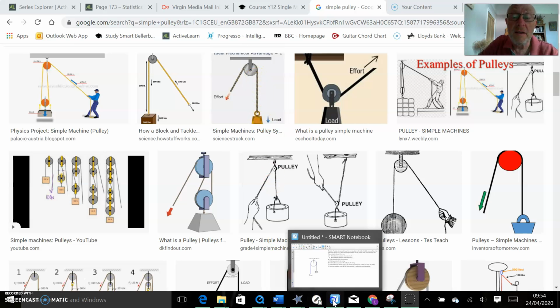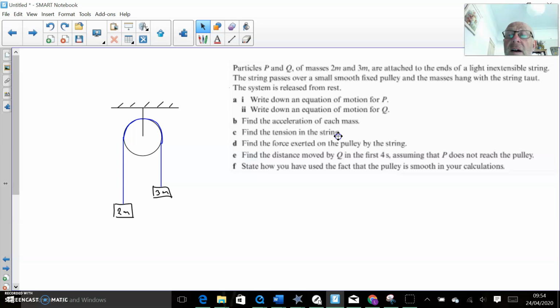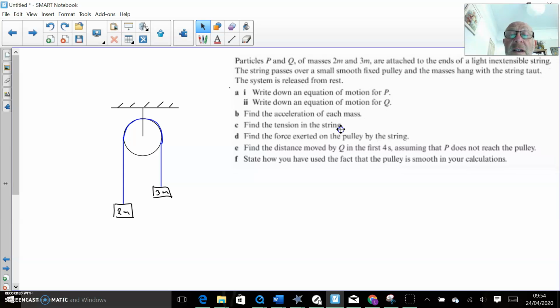Okay, so if we look at this example, it's example 13 in the book. It's a good example because it really does cover all of the sort of things that you get asked about pulleys.